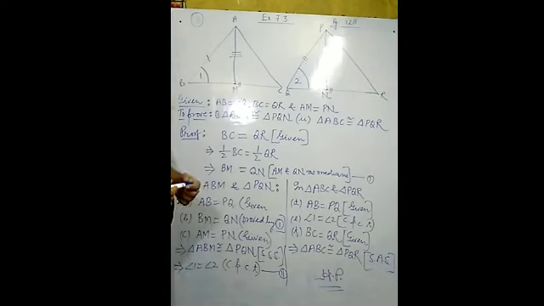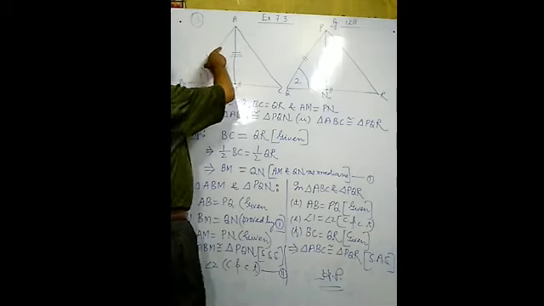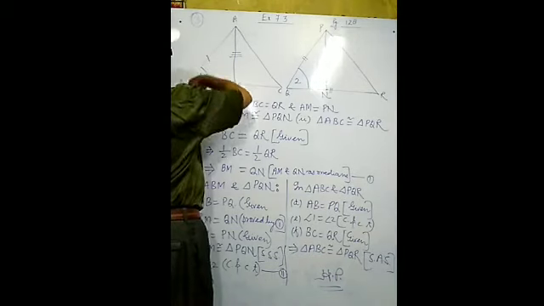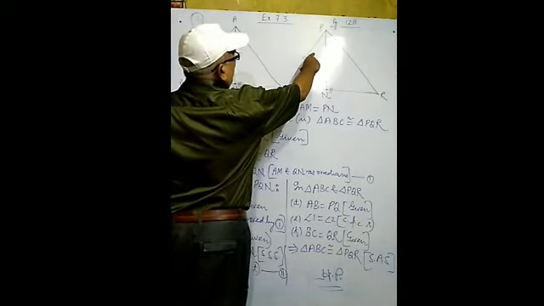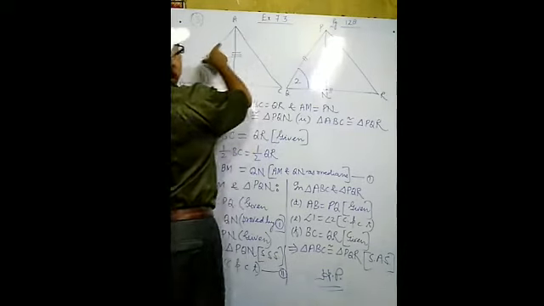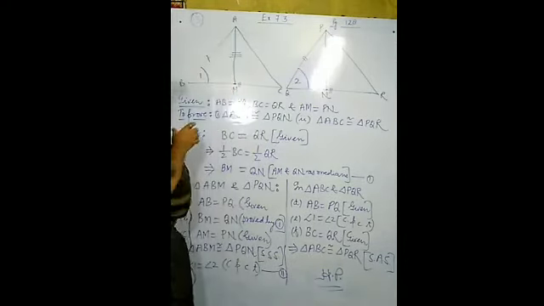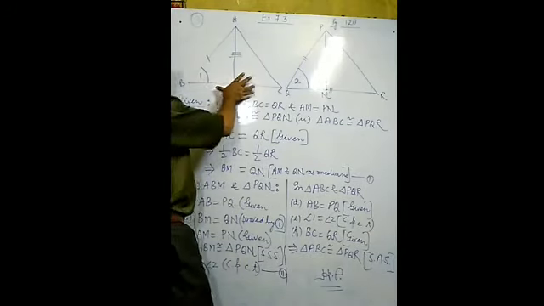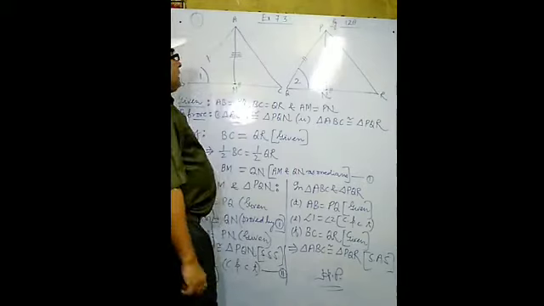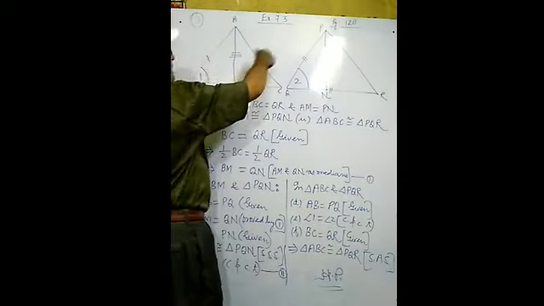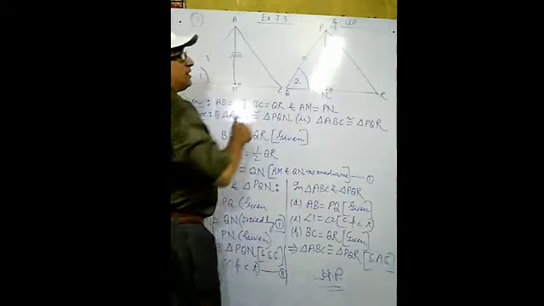Further, more information is there. This side AB of this triangle equals this side of triangle PQR, means PQ is equal to AB. This complete BC equals this complete QR, and AM and PN are medians.